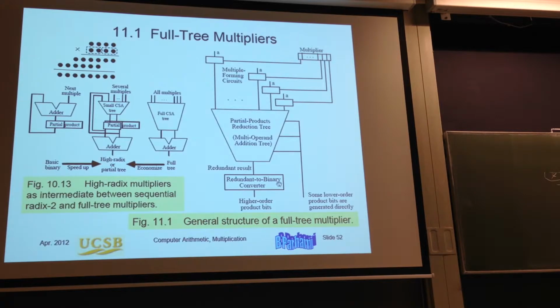We call this a redundant to binary converter. There is no real redundancy in the representation because I still deal with binary 0, 1. The redundancy comes from the idea that I'm representing the number as two numbers.